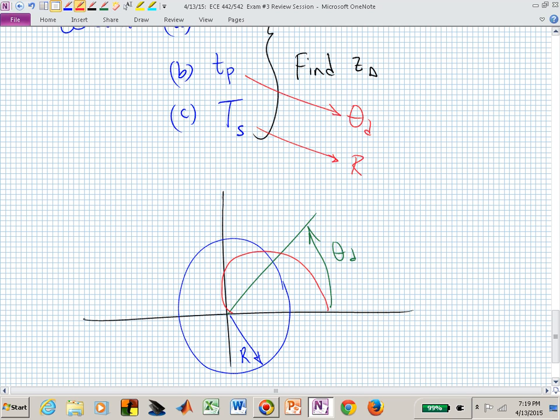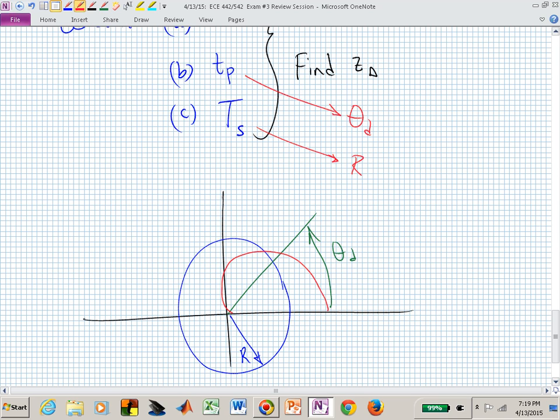The unit circle, what kind of a response does the unit circle give you? If you had two complex poles on the unit circle, what would your system do if I walked up and kicked it? It would just keep going, wouldn't it? It wouldn't decay. It would just oscillate if you had poles on the unit circle.